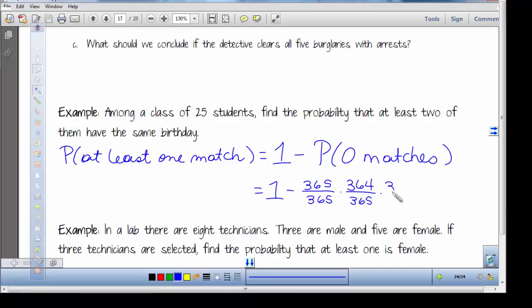And then 363 days. So we don't want the third person's birthday to match the first or the second. So 363 over 365 and so forth, all the way down to 341 over 365.